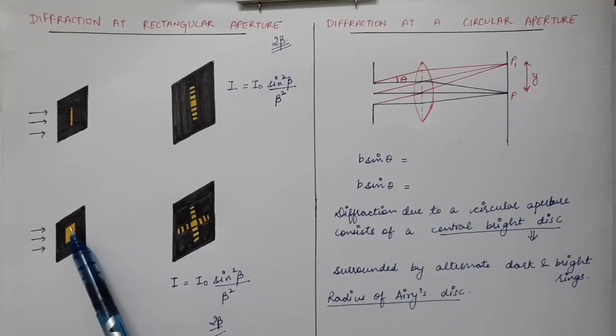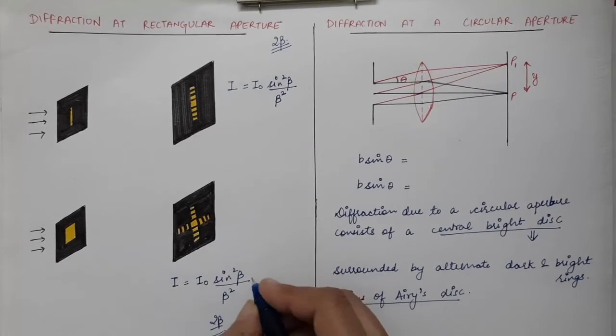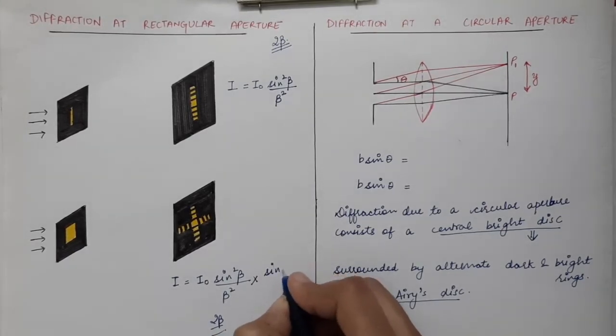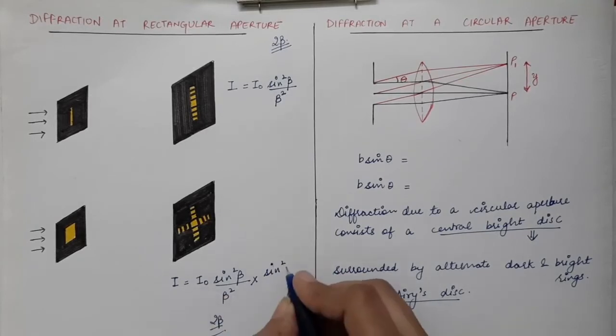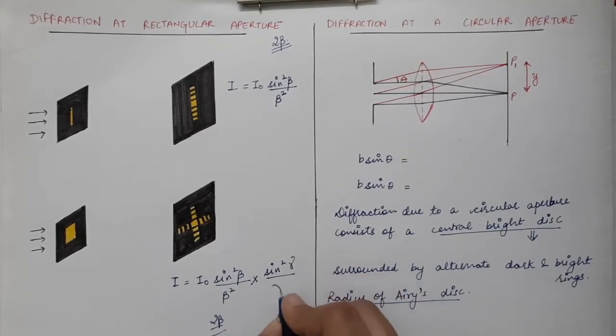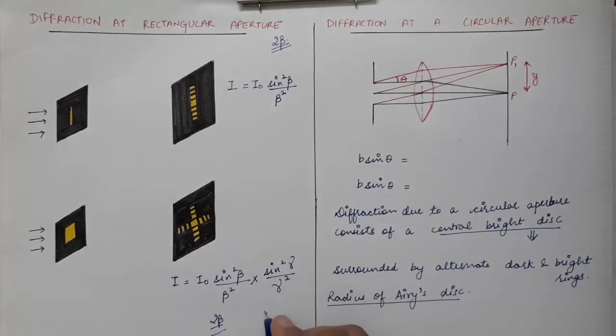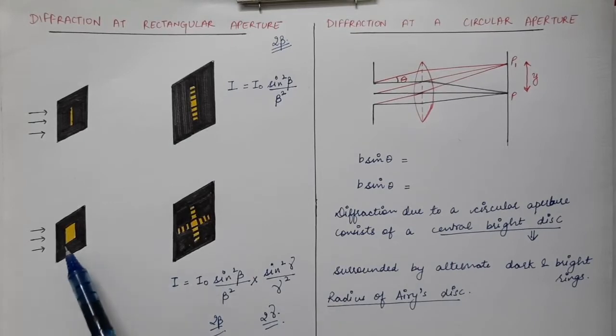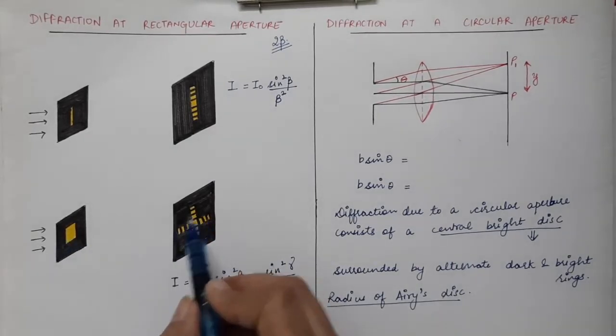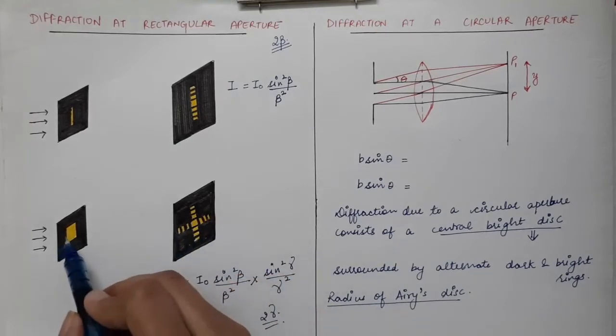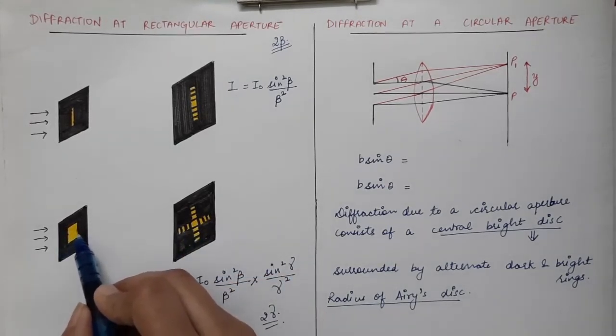We will also get a factor sine square gamma divided by gamma square, where twice of gamma will be the phase difference of the light rays which are reaching a particular point on the screen from these two ends of the slit.